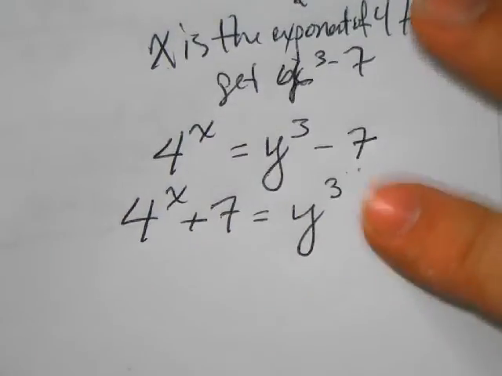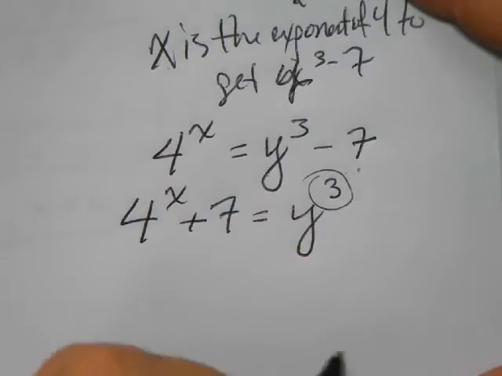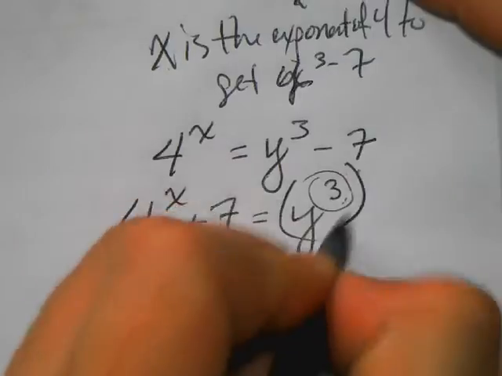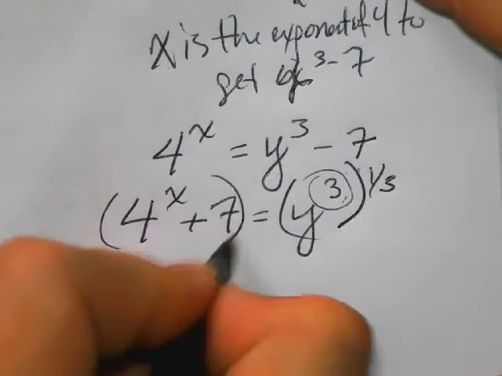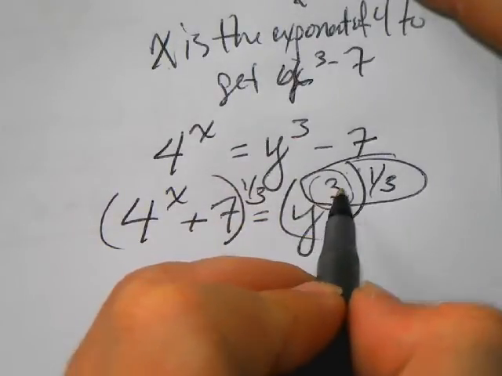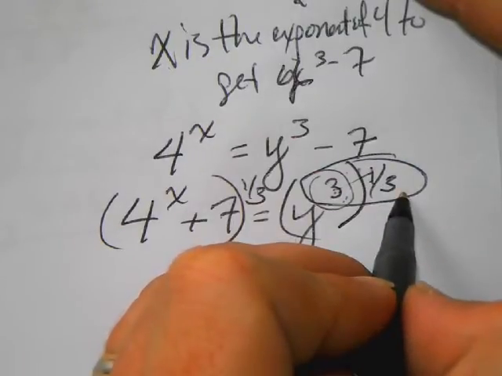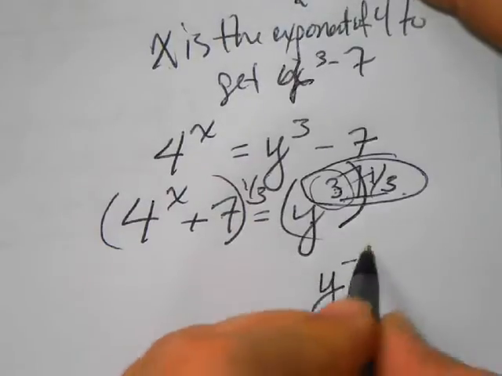And now my variable is being cubed, and so to do the opposite, basically, of the cube root, would be to raise everything to the 1/3 power. And this will allow me over here to multiply these exponents. 3 times 1 is 3. 3 divided by 3 is 1. So this is just y, and it's the inverse.